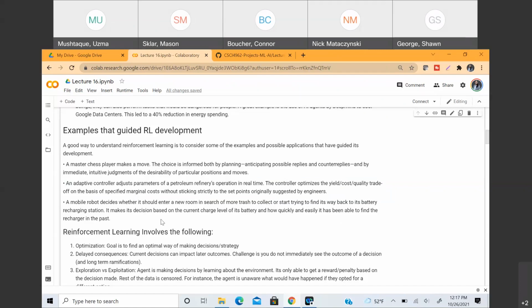So it makes its decision. This robot will make its decision based on the current level of its charge, right? Whether it has enough charge that it will be able to move around and carry more trash, or how quickly and easily it will be able to find the recharger if it goes inside the room and starts collecting trash.